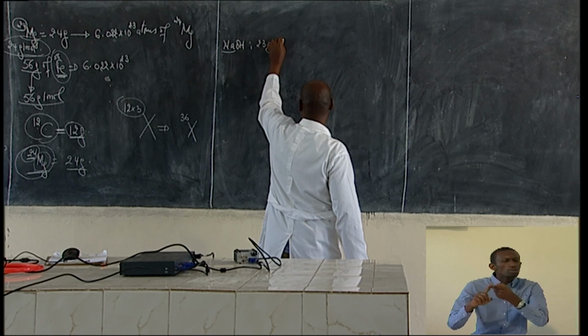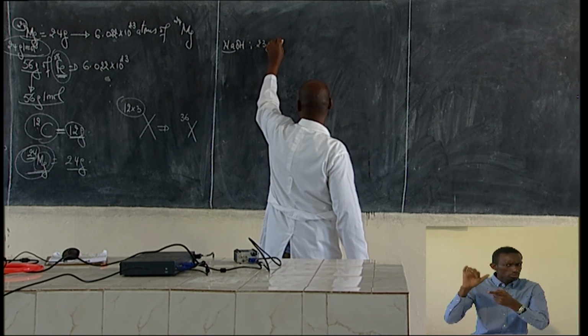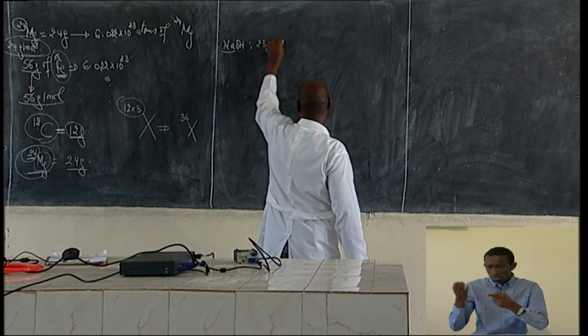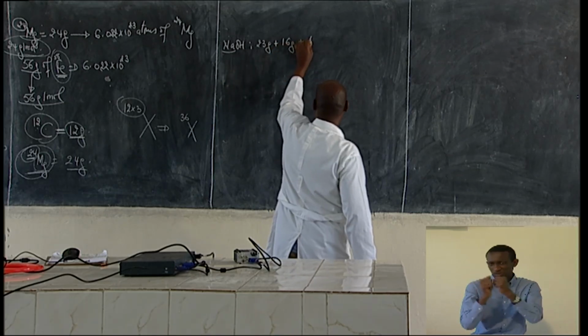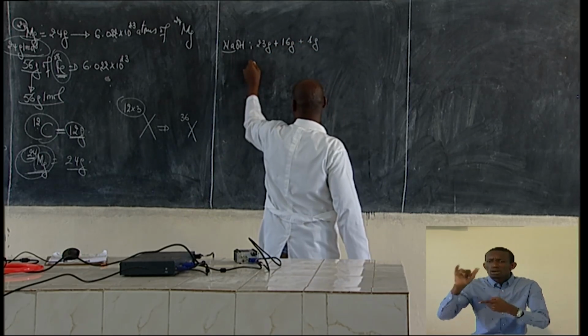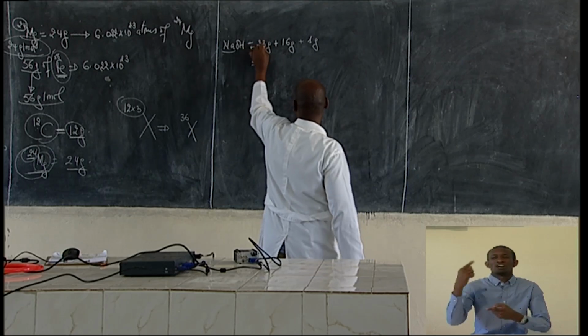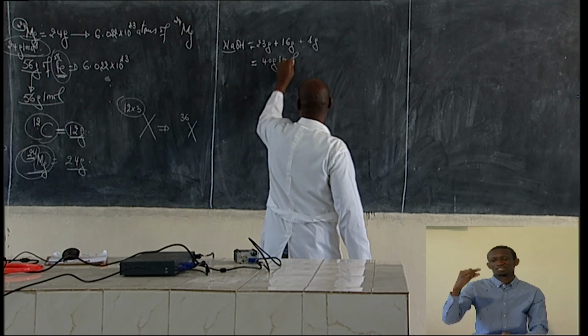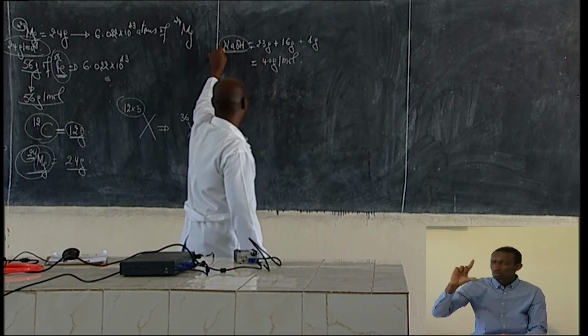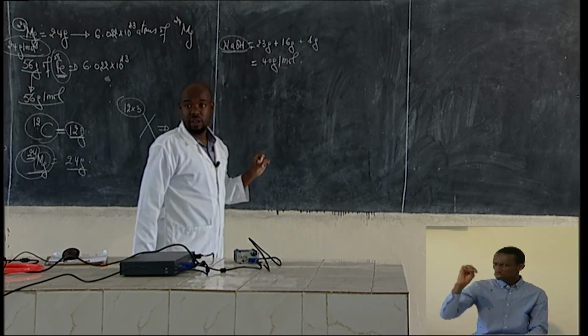Oxygen, do you remember the mass of oxygen? It is 16, because we have 1, and for hydrogen, it is 1. And when we add, what do we get? We get 40 grams per mole. So 1 mole of sodium hydroxide has 40 grams.